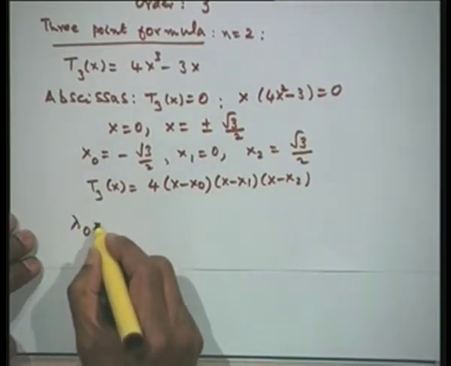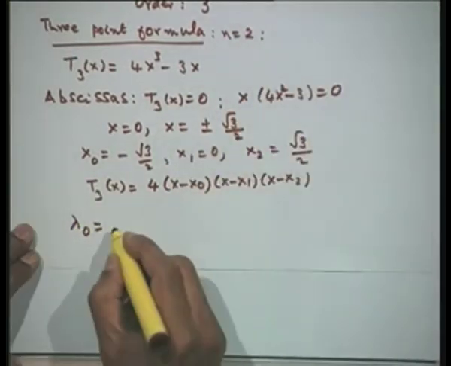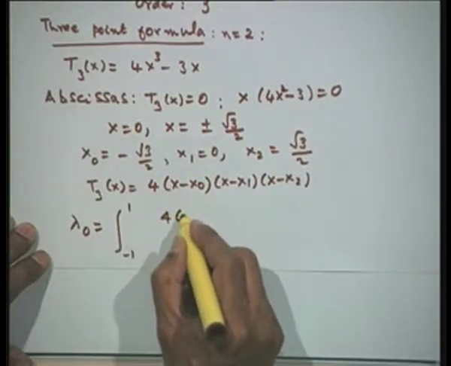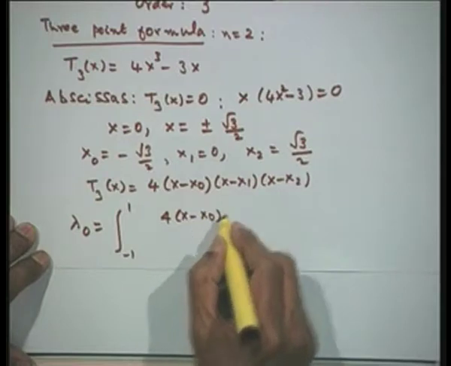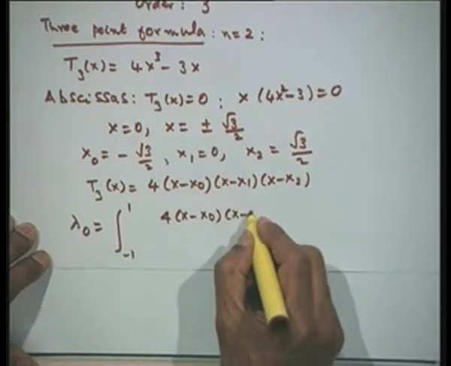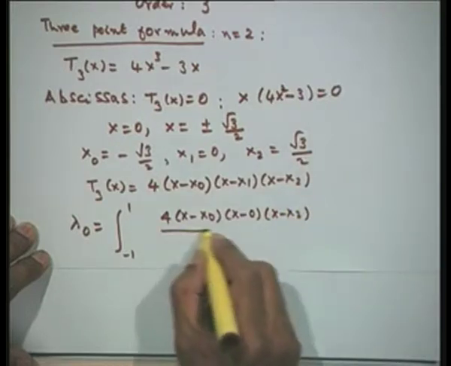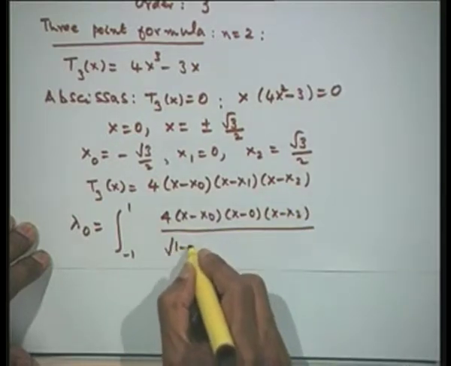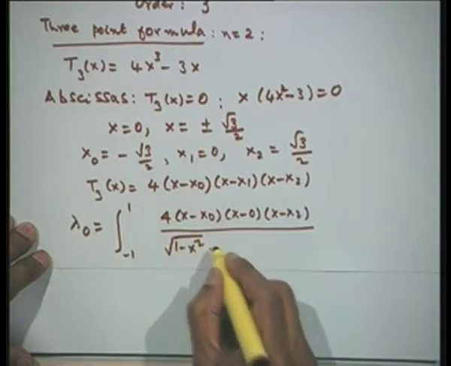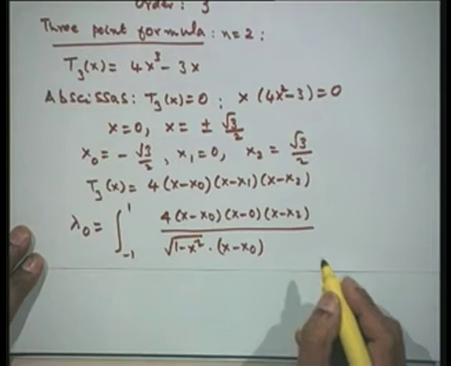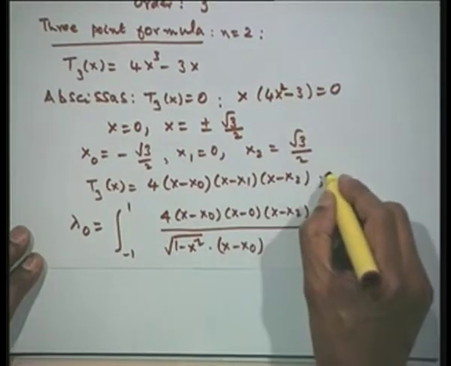Now let us write down lambda 0, that is minus 1 to 1, t3, that is 4 into x minus x naught, x minus x 1 that is 0, let us retain it as 0, x minus x 2, under root of 1 minus x squared, into x minus x naught, into, now I need the derivative of t3.